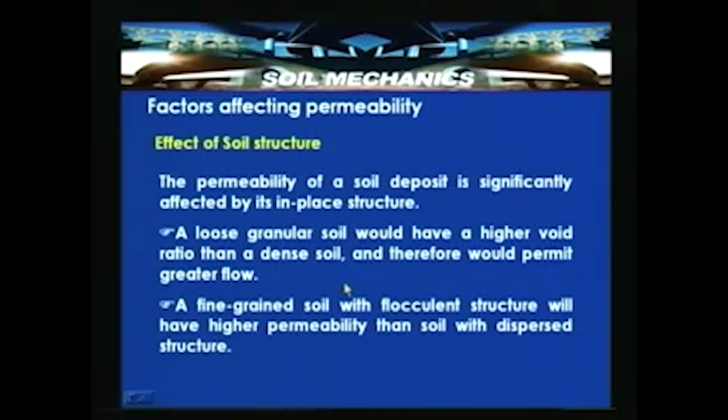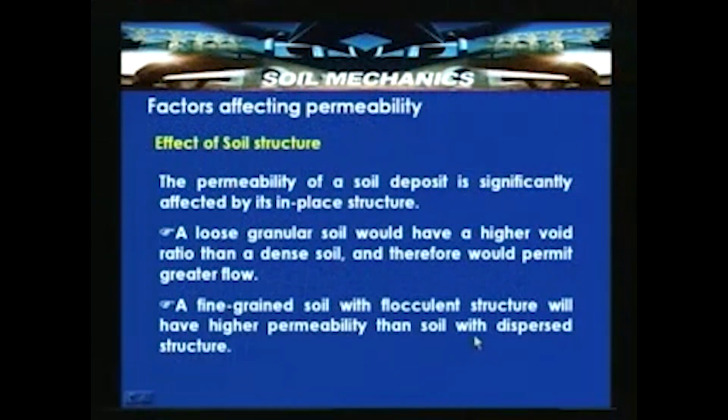That is the reason why we discussed that well graded sand has low permeability compared to uniformly graded sand. That means gradation or particle size composition is also very important when you consider flow through a soil. A fine grained soil with flocculent structure will have higher permeability than soil with dispersed structure. We discussed this while discussing the compaction characteristics of soils.